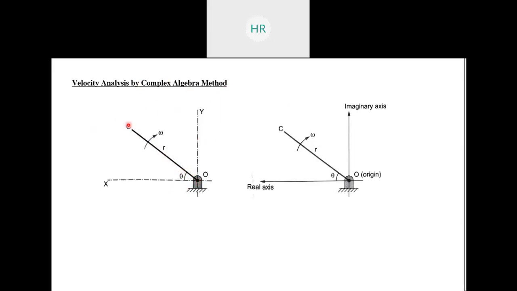Link OC is given to us, whose magnitude is small r and is oriented at an angle theta and is rotating with angular velocity omega in the clockwise direction, and angle theta is measured with the real axis. So in the complex algebra domain we can write like this: real axis, imaginary axis.